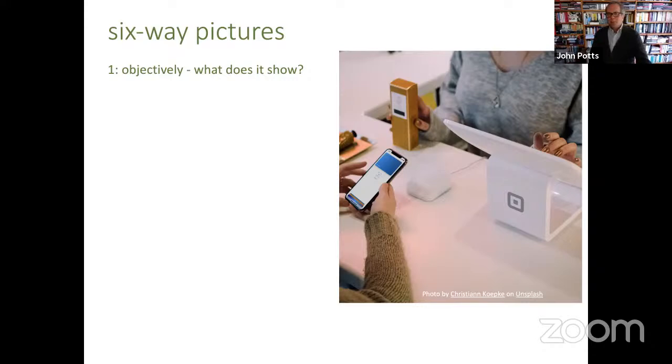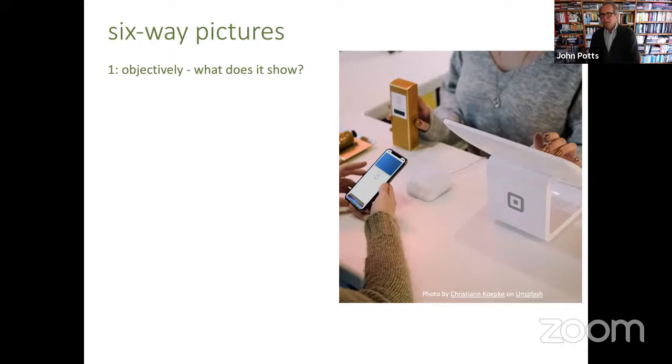Just type in the chat box a couple of the things that you can see objectively here. Gadgets, yes, good. That was Pavi, yes. Let's have a couple more. What can you see? Yep, it could be a phone store. It could be, yes, yes. Any more? Let's have a couple more.